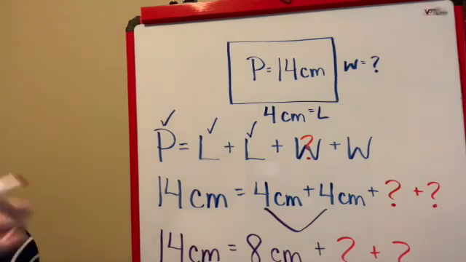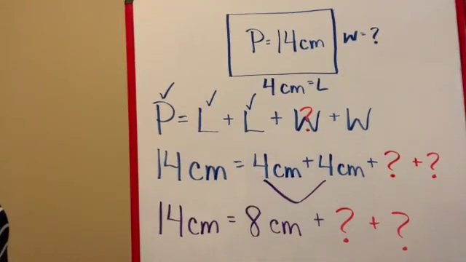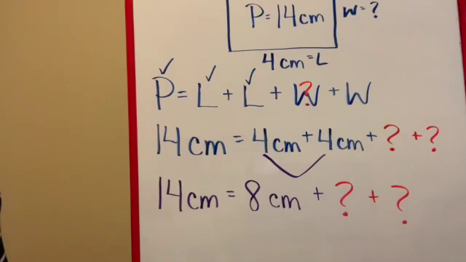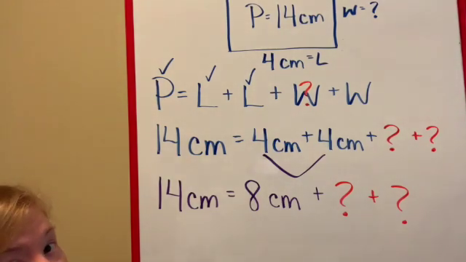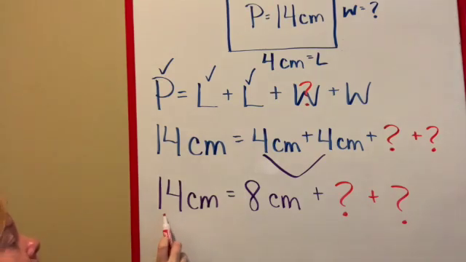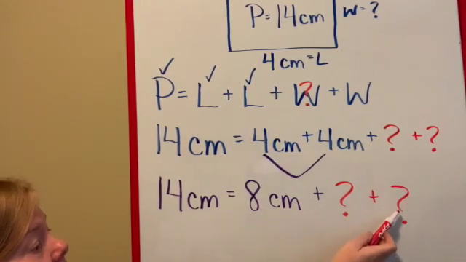Okay? If I were you, I would be writing this example down so that you have it for when it's time for you to go and do your own work. Okay? Here we are. You can pause the video in case you were not writing it down with me the whole time. You should be because you're actively participating. So we've got 14 centimeters equals 8 centimeters plus something plus something.